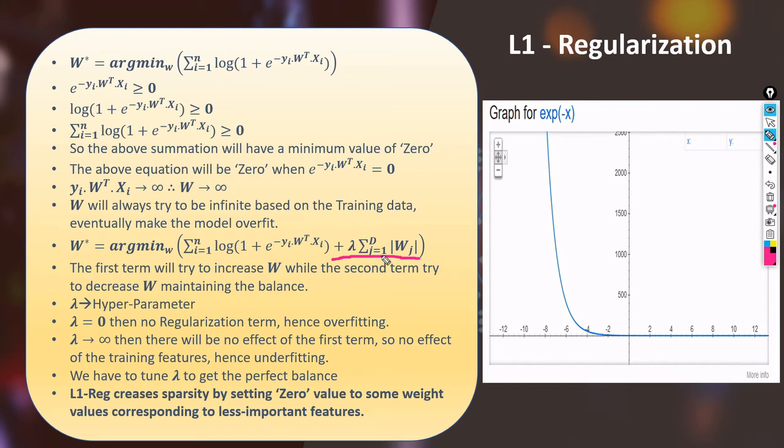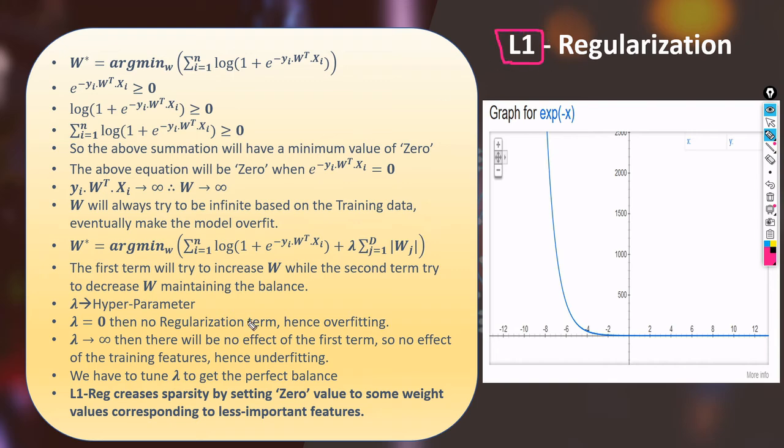Previously it was summation 1 to d wj square. Now it is the absolute value of wj. Both L1 and L2 regularization are doing the same thing. The loss term and the regularization term are balancing each other, and lambda is the hyperparameter. Instead of the square, we are taking the absolute value of w, right? So this is called L1 regularization.